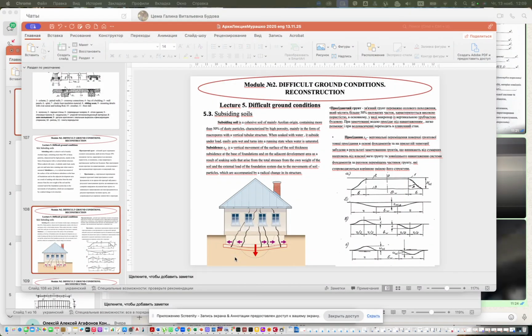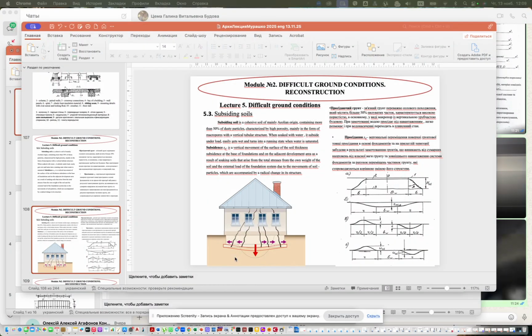For example, if our building is located on the place of a lake or old river, and the level of that old river moves up, it can make our dry soils wet, and when additional water comes to our subsiding soils, they settle down.